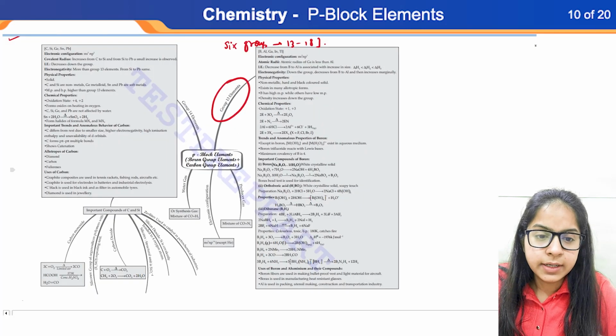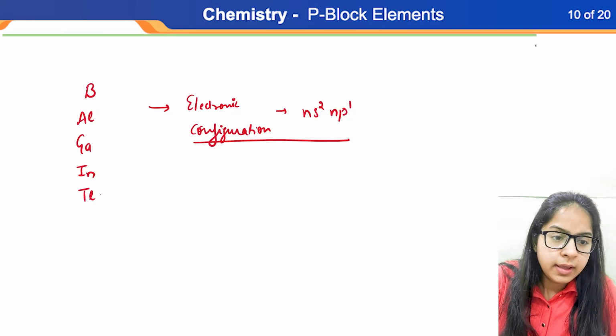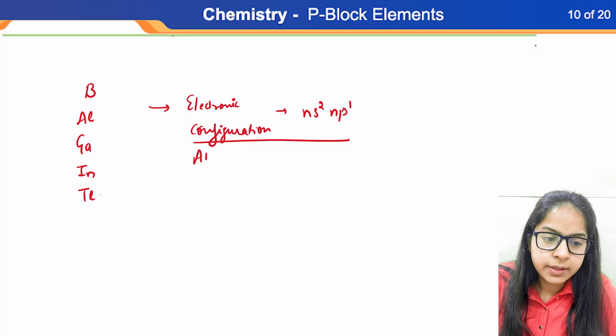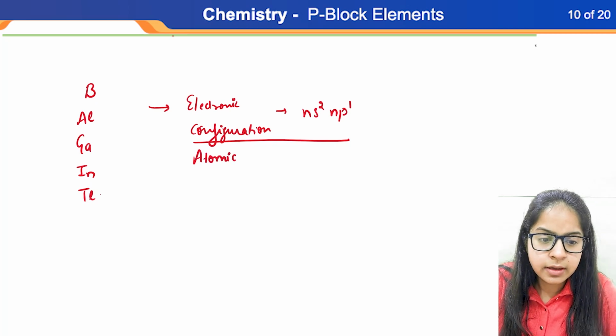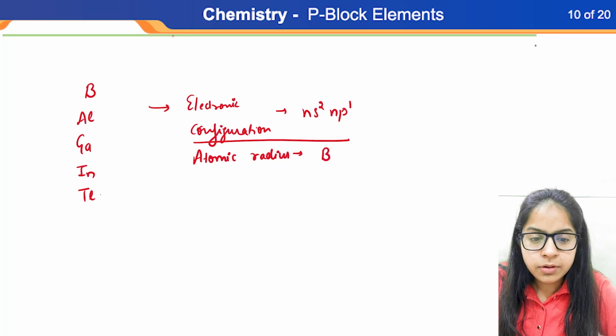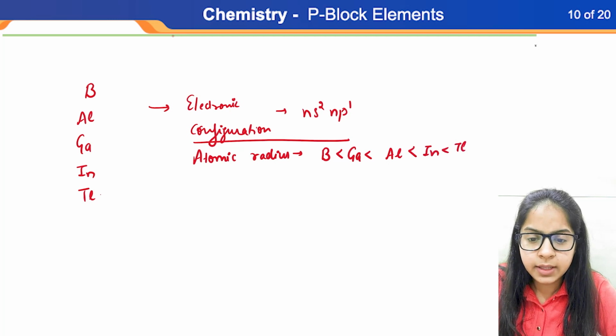Now the atomic radius of gallium is less than aluminium. Why is it so? Here the trend for the atomic radius is: boron, then gallium, then aluminium, then indium, then thallium.